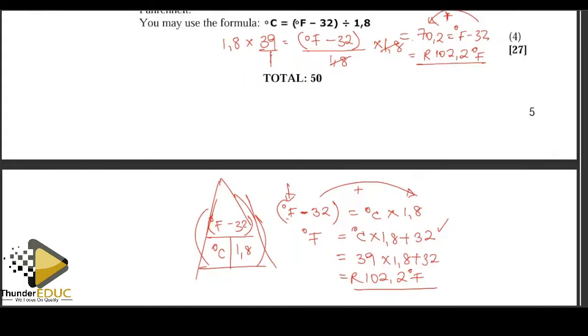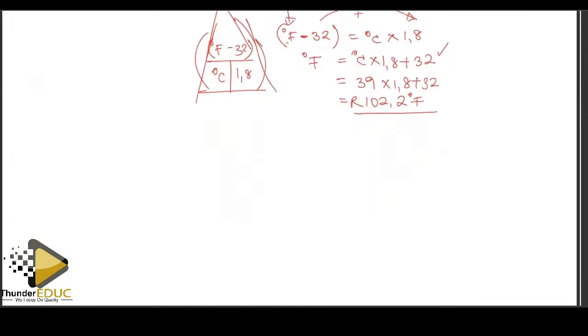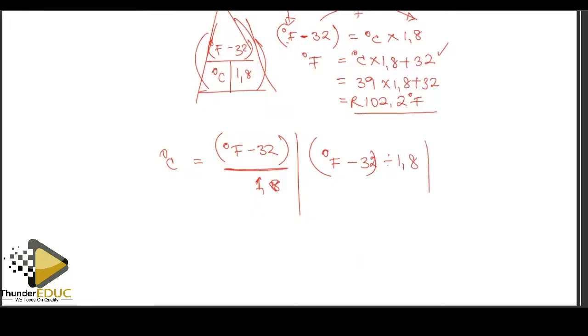Now someone might ask us, in the triangle here, definitely if you're looking for the degrees Celsius, this one will equal F minus 32 divided by 1,8, which is true. Division can be written like this, or you can write it the normal way.